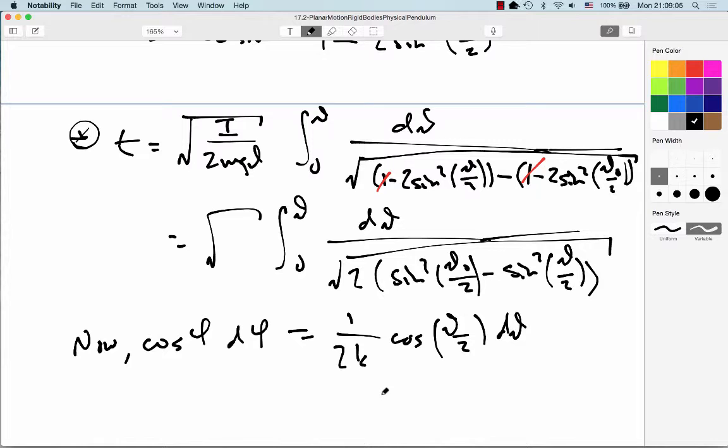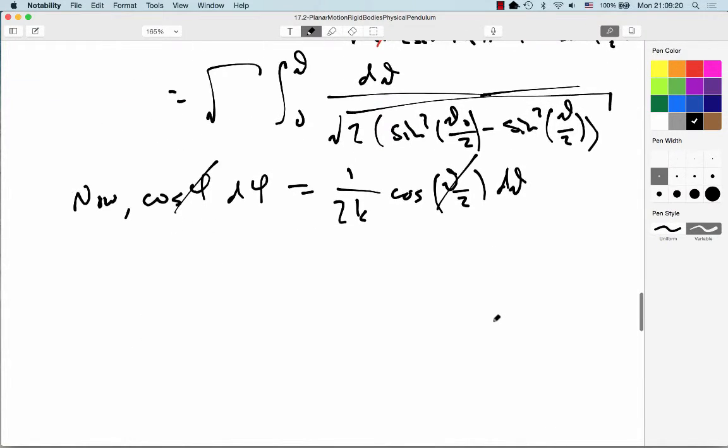But the cosine of phi is the same thing as cosine of theta over 2, so we get that d phi is equal to 1 over 2k d theta, and that's going to allow us to make a transformation of variables.